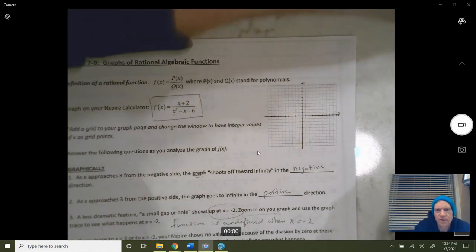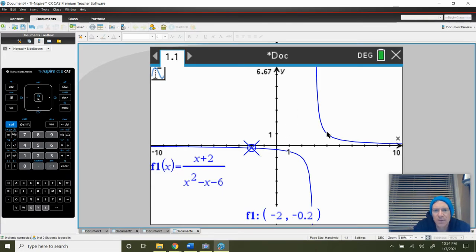Okay? Let's go back to our function. Okay, let's plot some values. So how about, I'm still in trace mode. So -5. We've got -0.125. So I'm going to put that on the graph. See that really small. Okay, at -2, we were undefined, but we were going to get something really close to, let's say, -1.9999.